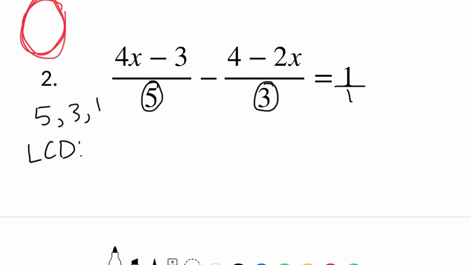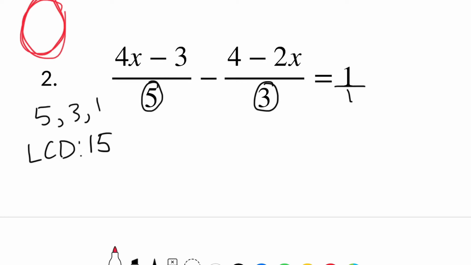Not what is the smallest number that can go into 5, 3, and 1. What is a number that all three numbers can go into evenly? Meaning I can divide it and it becomes a whole number. Well, the number should be 15. There is not a smaller number than 15 that 5, 3, and 1 can go into evenly.